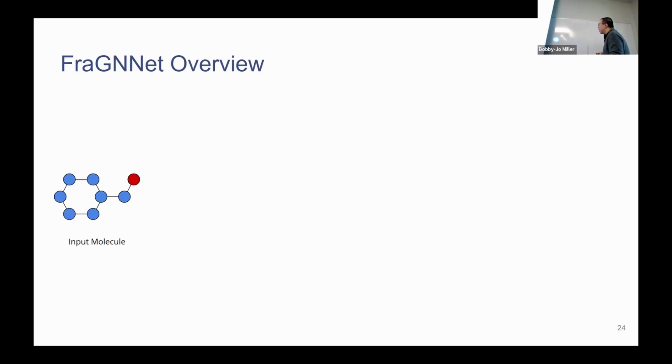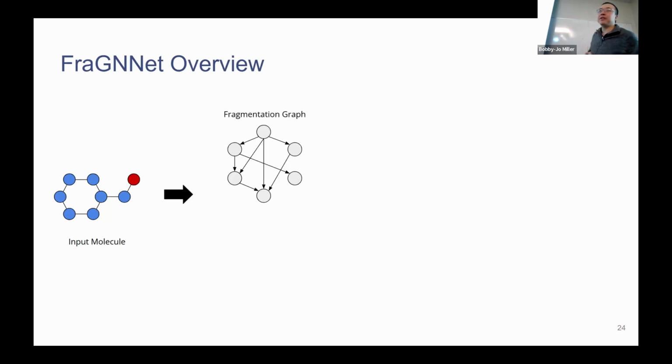Actually, two of them. So now our input is still a molecule. First, we're still going to generate a fragmentation graph, but this time we're going to do it slightly differently. I will show you in the next slides. Then we're going to learn molecule embeddings from our input structures.